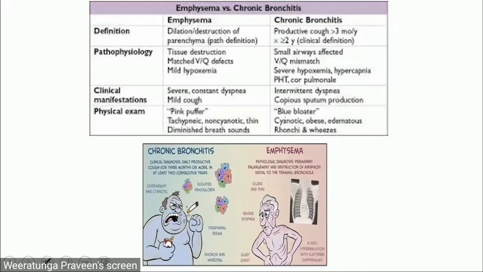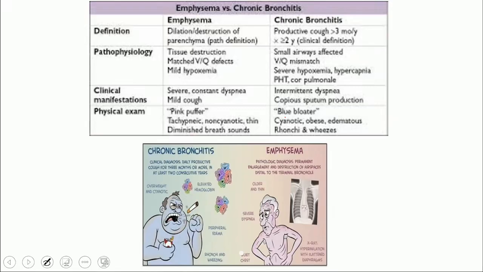What is very important to remember is this. In emphysema, there is significant tissue destruction distal to the terminal bronchiole. There is a small airway disease as well with the alveolar wall problem.